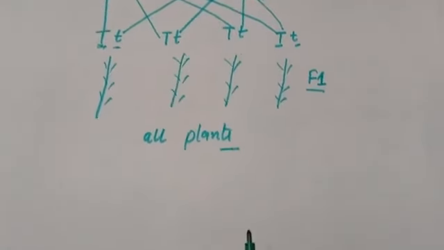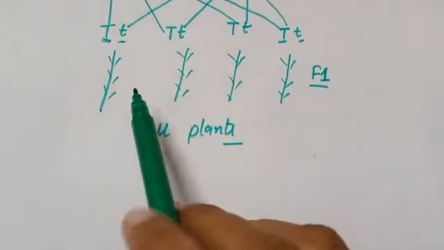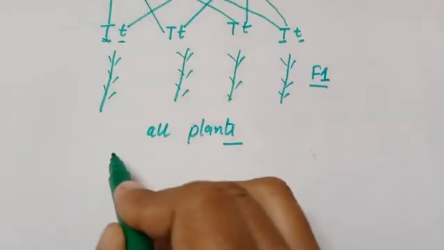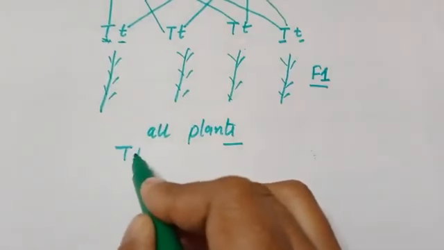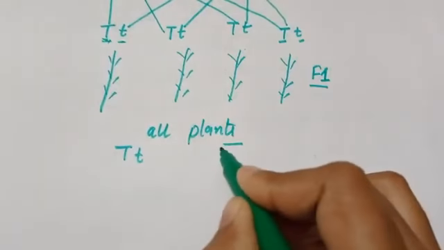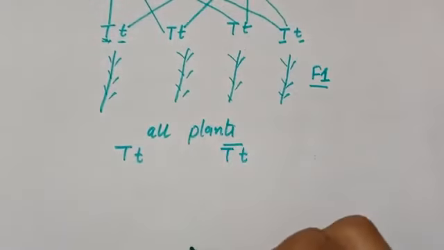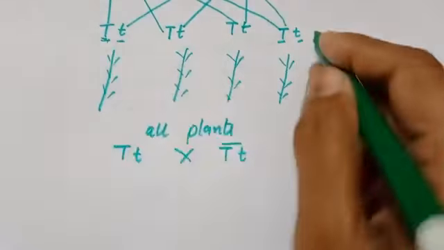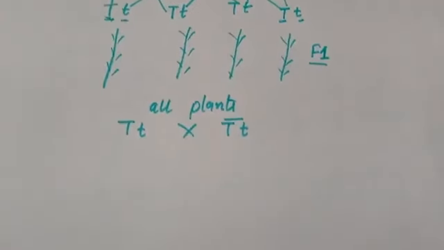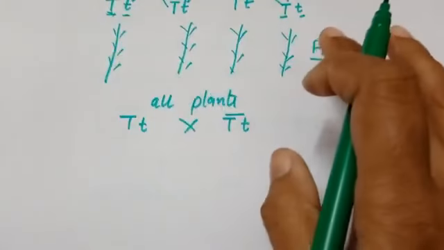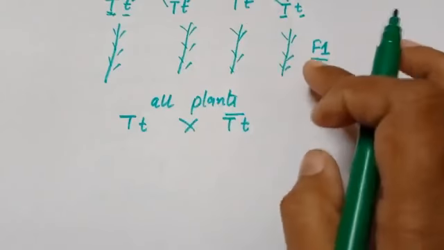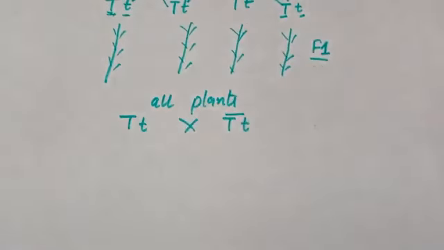How? Because when we have capital T and small t, and another capital T and small t, and they cross with each other, then the second generation will come.